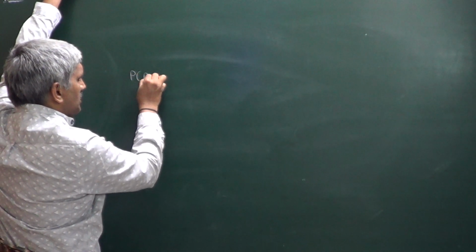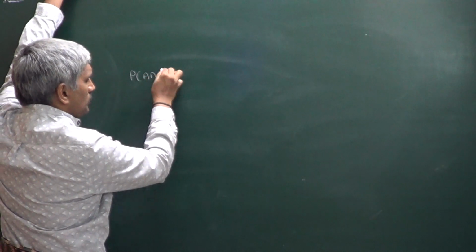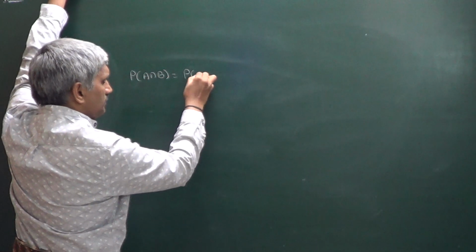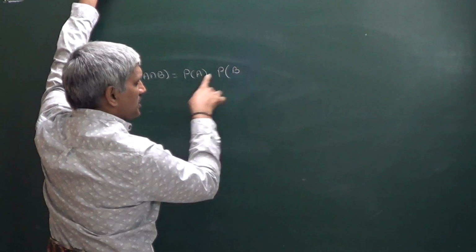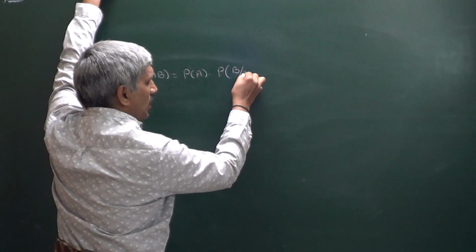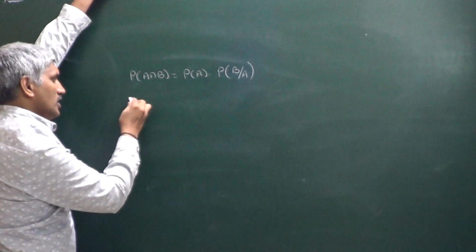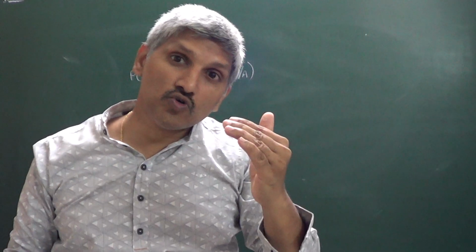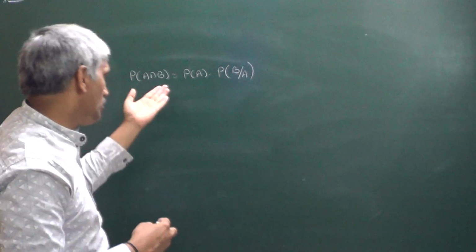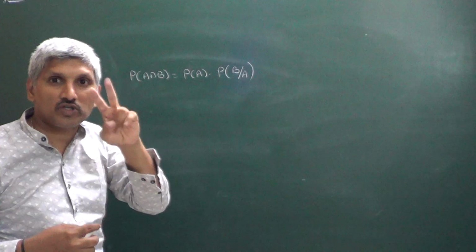P of A intersection B is equal to probability of A into probability of B under the condition that A has already occurred. Similarly, we can discuss the multiplication theorem for two or more events also. This is the multiplication theorem for two events.